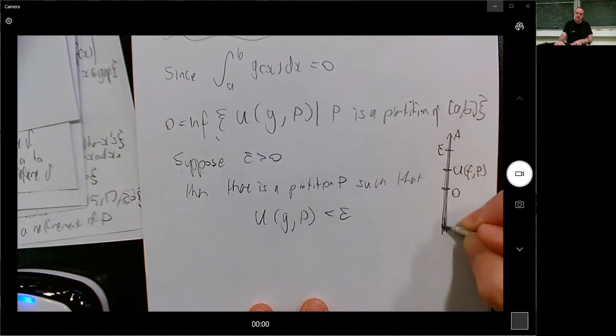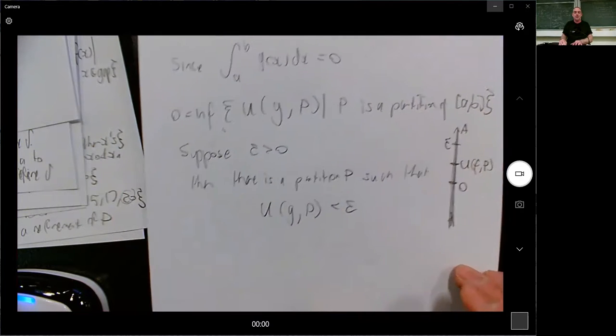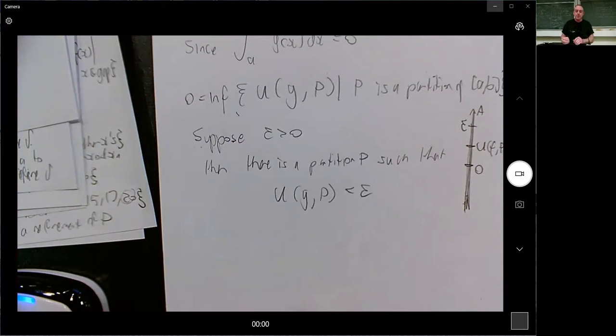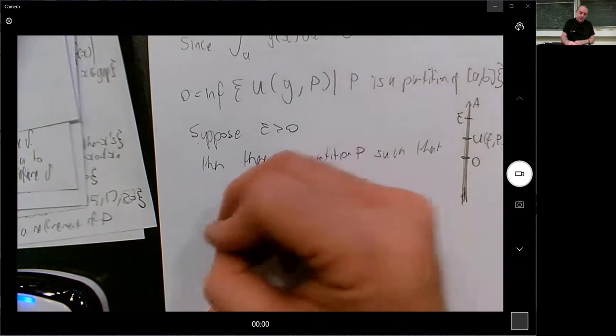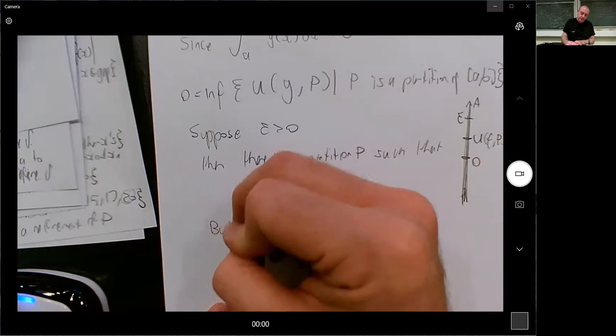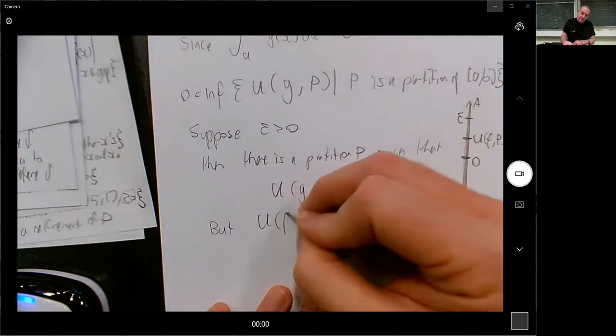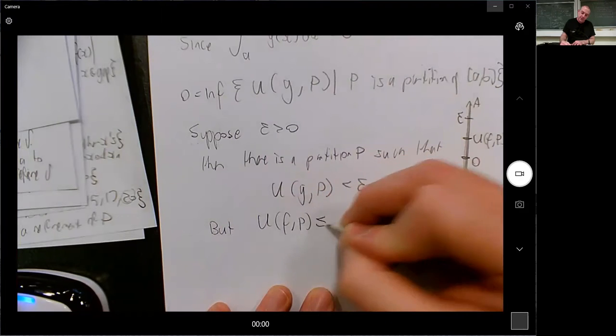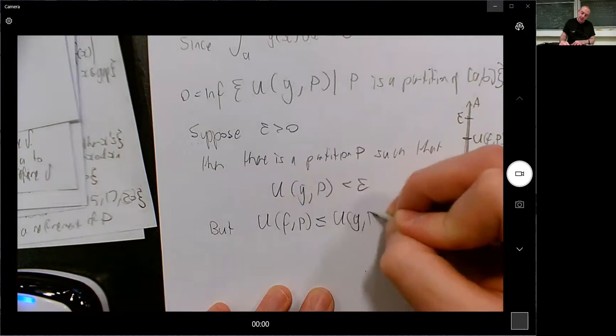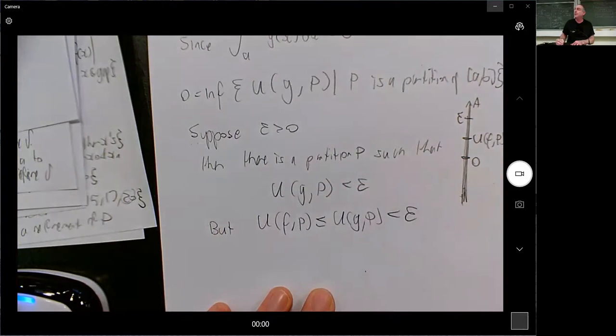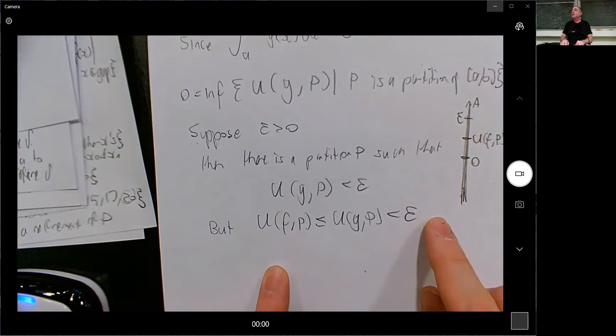So these are my areas. But we know that U of FP is less than or equal to U of GP, which is less than epsilon. And that's what you were heading for. Yes, thank you. And so, therefore, there is an F within that zone.